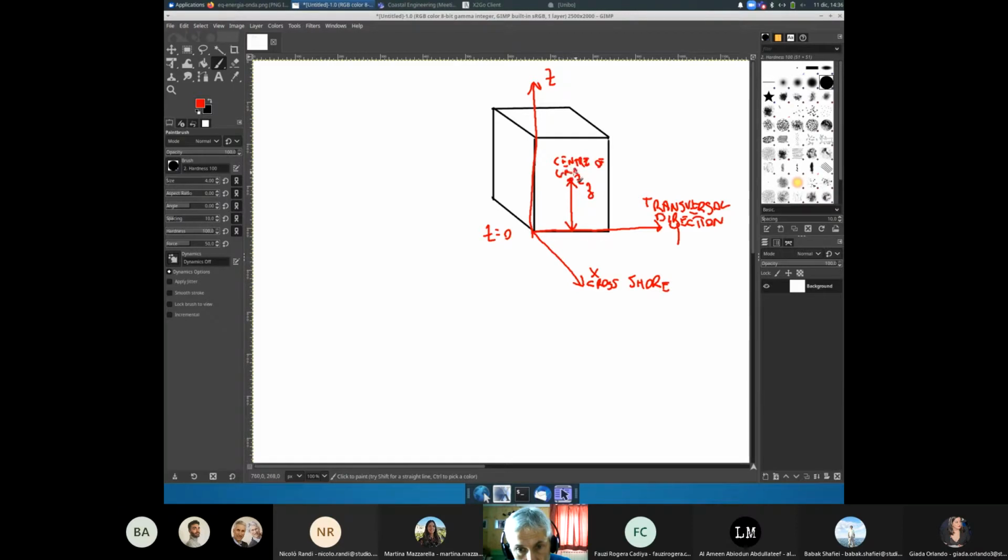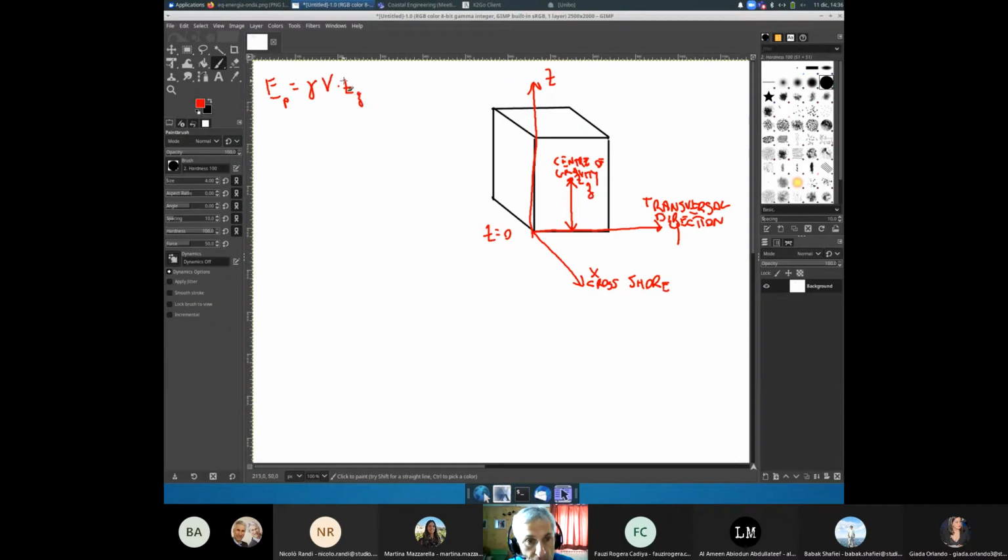Okay, now, how do we compute the potential energy? The potential energy, let's call it simply EP now. It's given by the weight of the shape, and the weight of the shape we can indicate in this way: gamma, the specific weight of water, times the volume of the shape, times ZG.